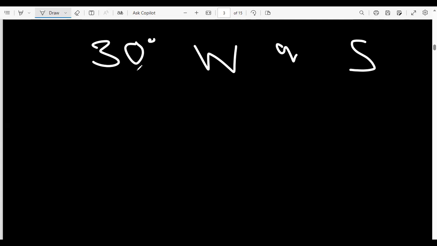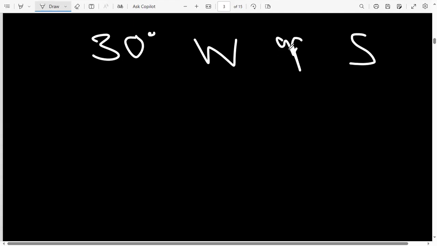So when they say 30 degrees west of south, the south becomes our reference point. What does this mean? It just means you go to the south and then you move 30 degrees to the west. That's what 30 degrees west of south means.